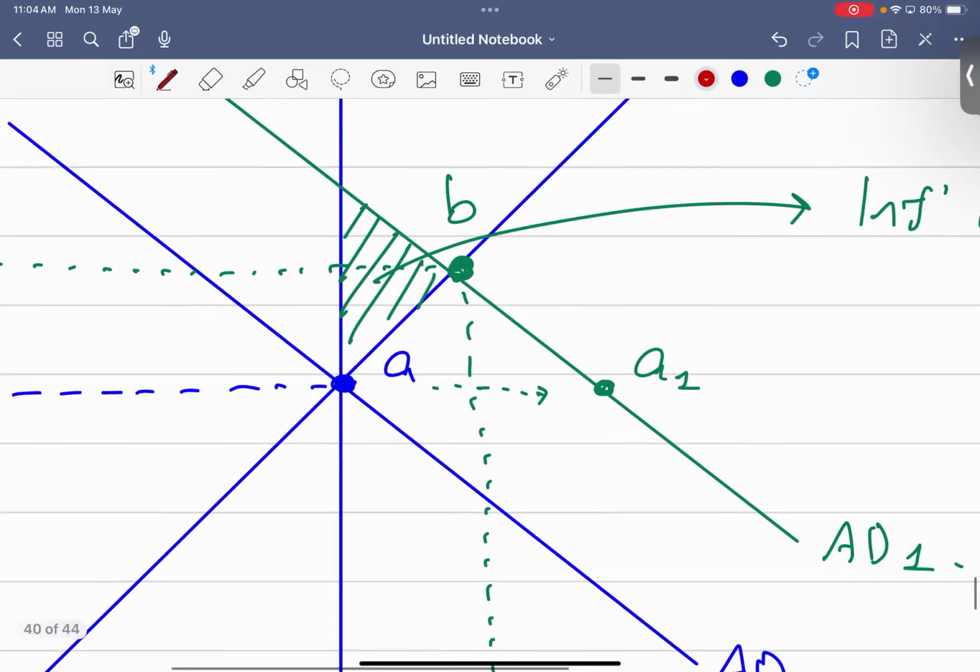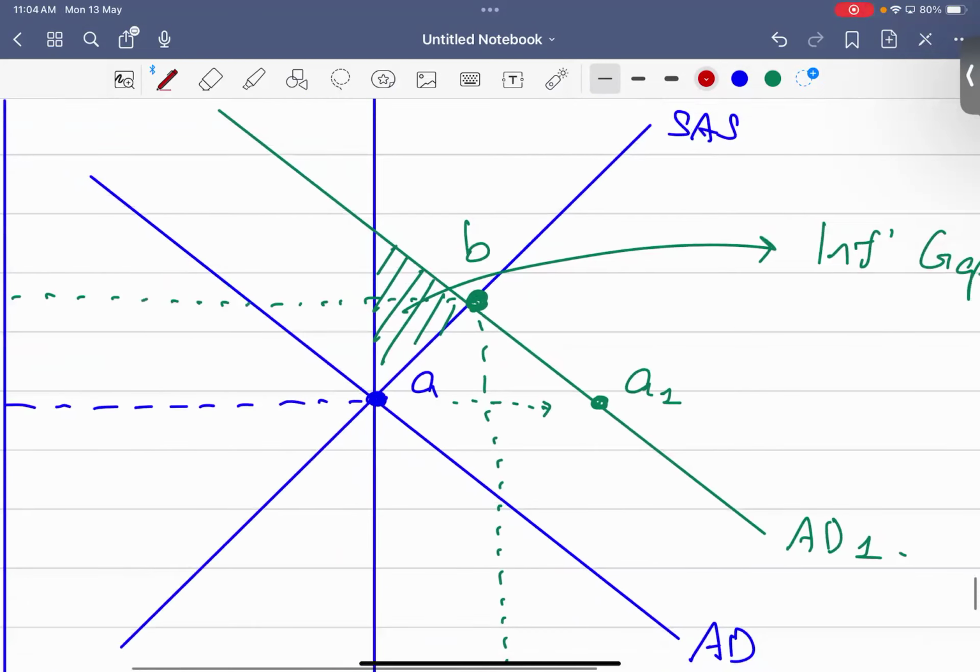Okay, you see, from A1 here to B here, there's the movement along the straight line, right? Correct or not? So from point A1 to point B here means what? Here you can see that the price level goes up, so the quantity of real GDP demanded will fall, right?